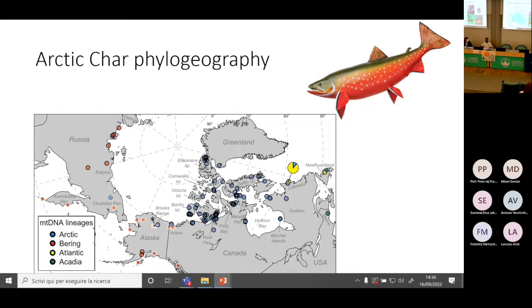As far as Arctic char phylogeography, what we know is that it's split, even in North America, into multiple glacial lineages. The blue dots that you see in the middle are what we call the Arctic lineage, and it's what I'll be mostly focused on today. But you also have the Atlantic lineage, which comes from Europe and which we also find in the Alps, in yellow.